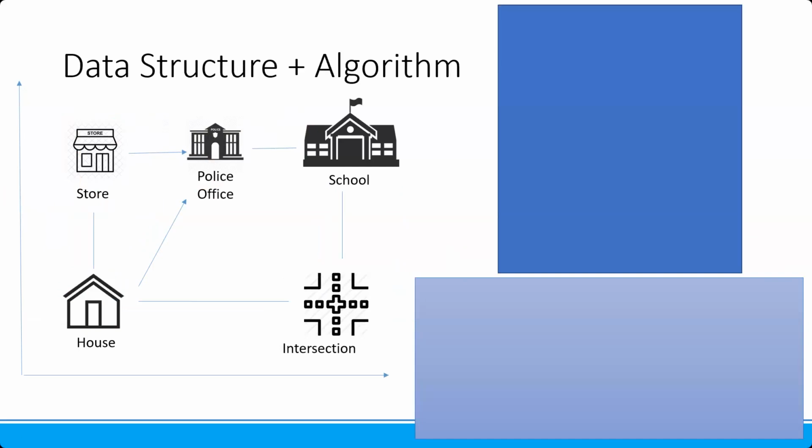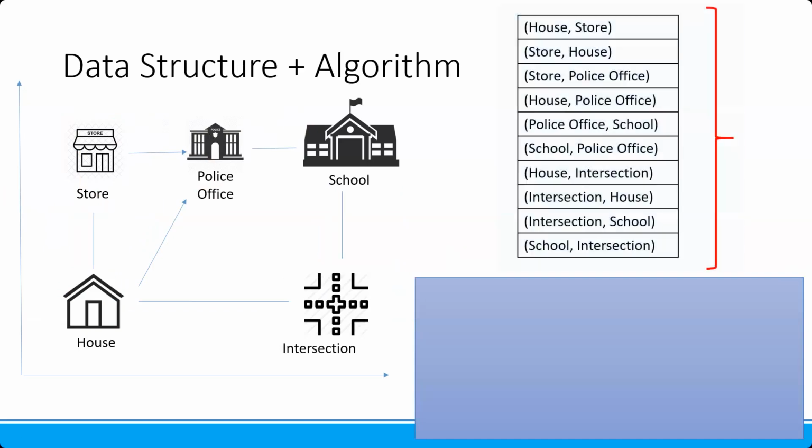In the data, how can you calculate the distance? So if I want to go from house to school, then I need to check the data one by one.